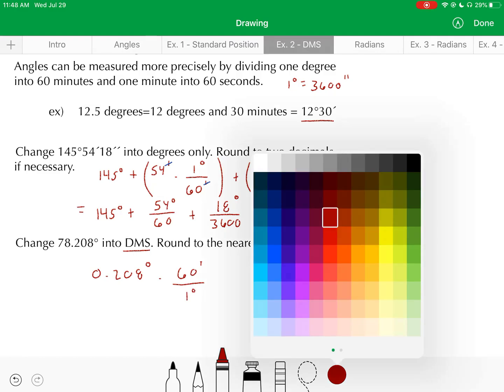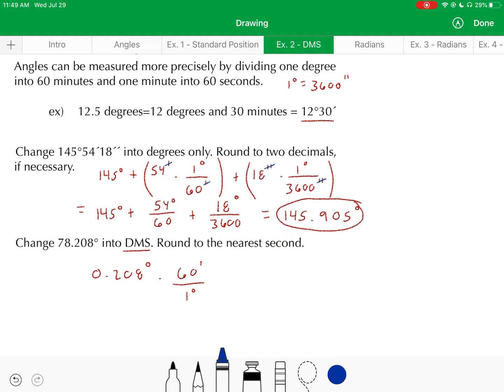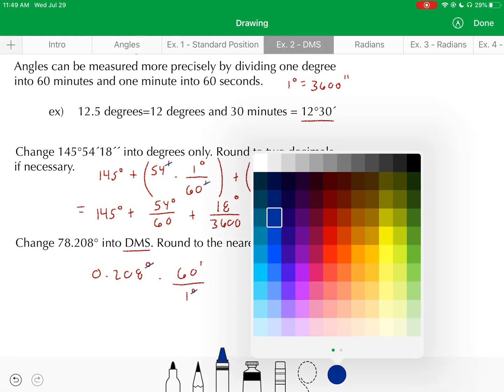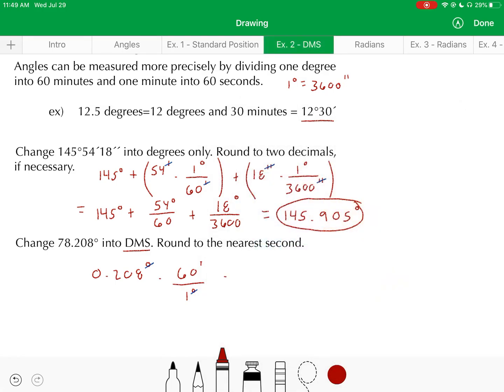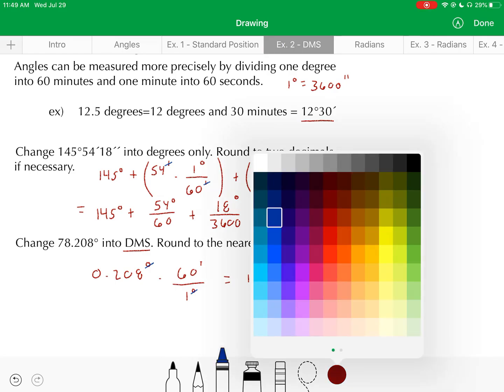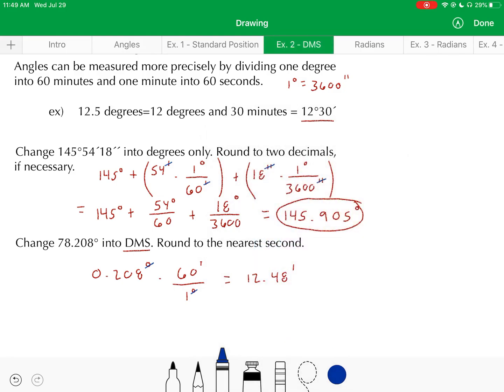Okay, and what this is going to do, it's going to allow the degrees to wipe away. And if I multiply this out, I will end up with 12.48 minutes.